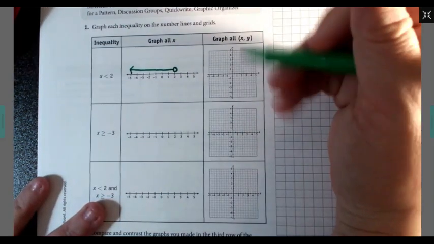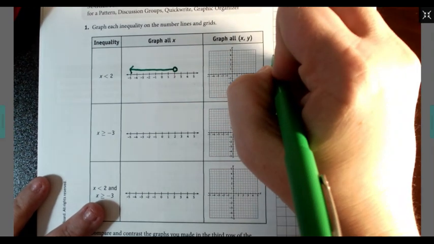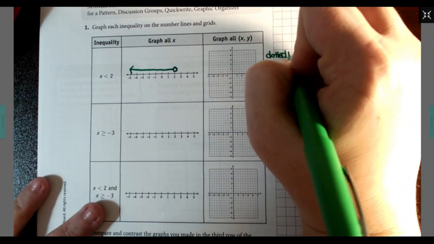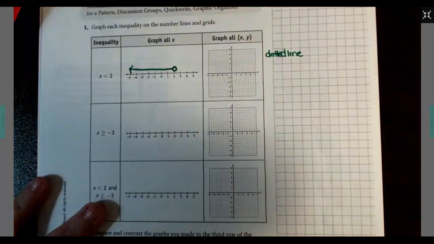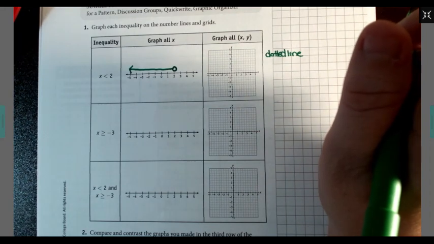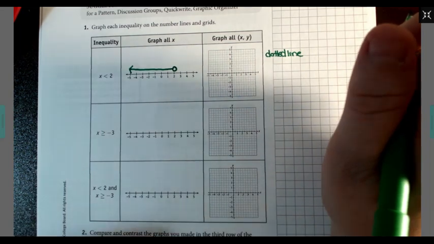On a graph, on an XY axis, we are going to have a dotted line because it's less than. Now, x equals 2 is a vertical line at 2.